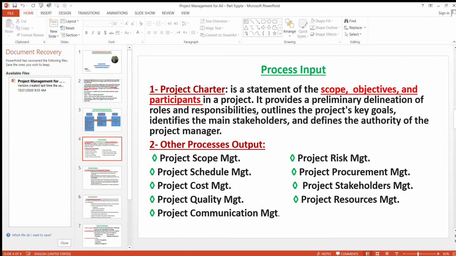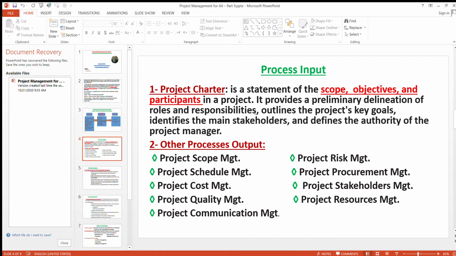The second input to this process is the other processes' output. So we have so many processes, we have to use them to develop the project management plan.